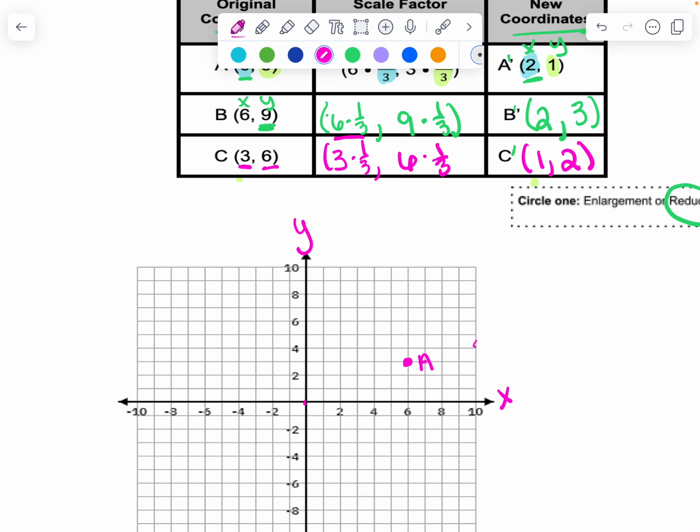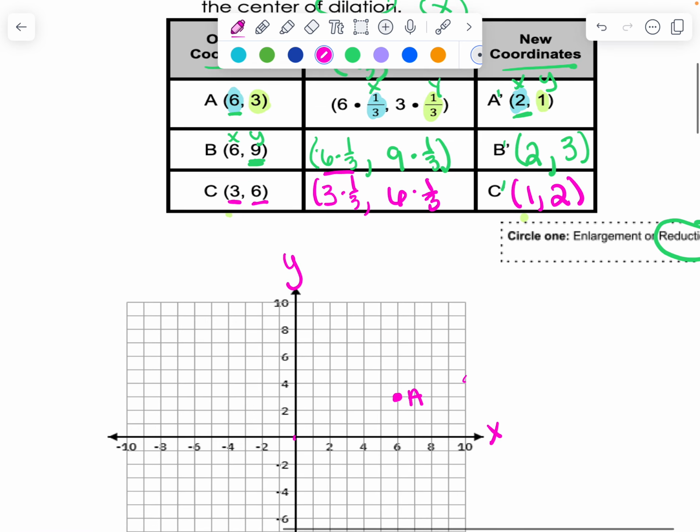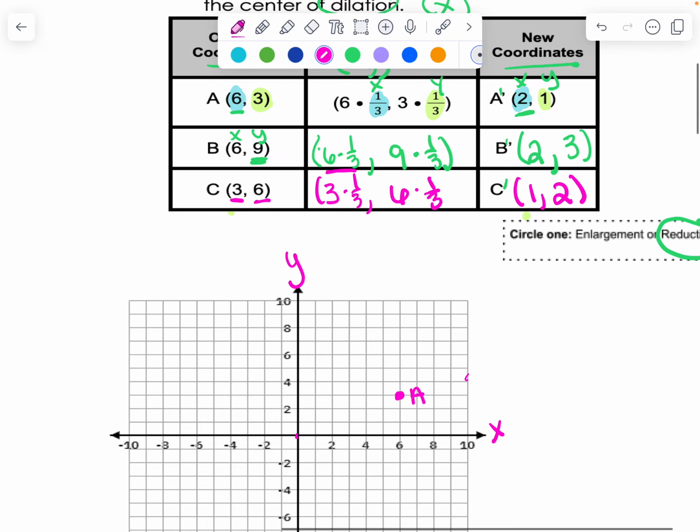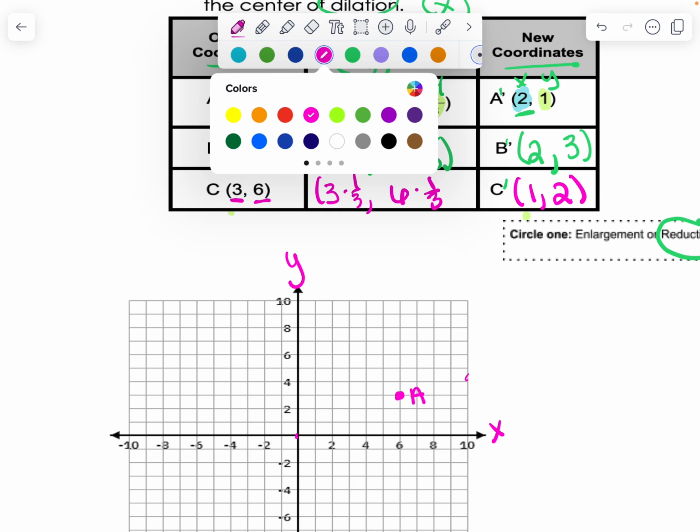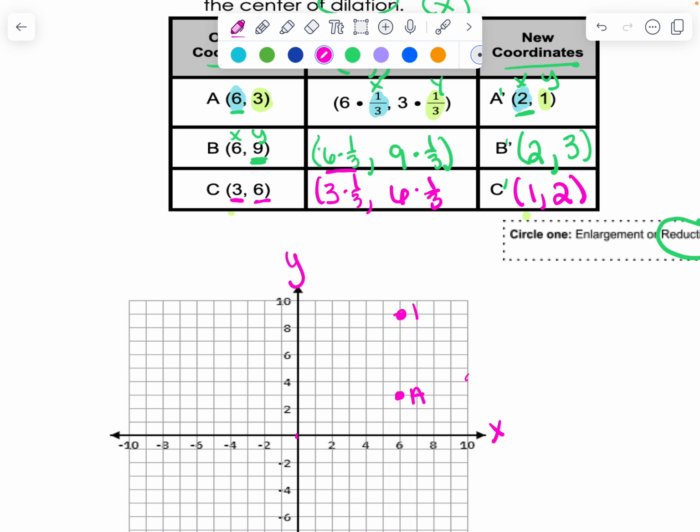I'm going to go ahead and label that A. That's my original one. B is 6, 9. So 6 and go all the way to 9. That is point B. And C is 3, 6. So 3 and 6. That's C.